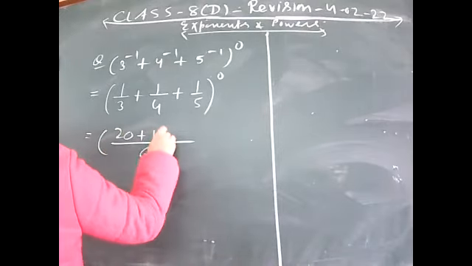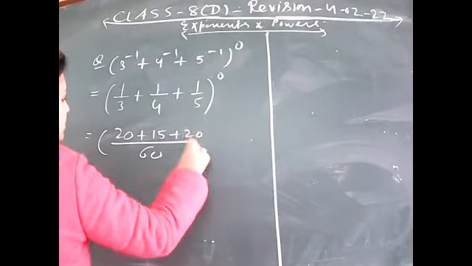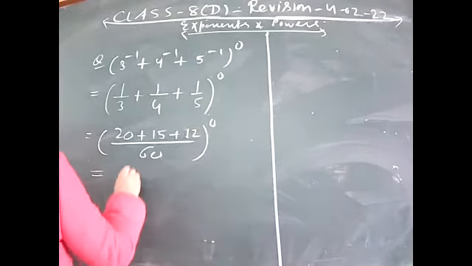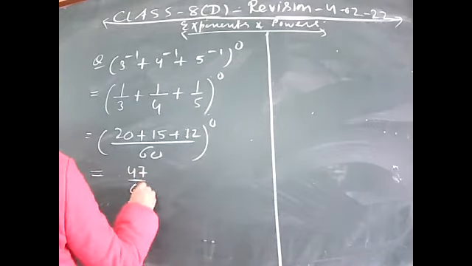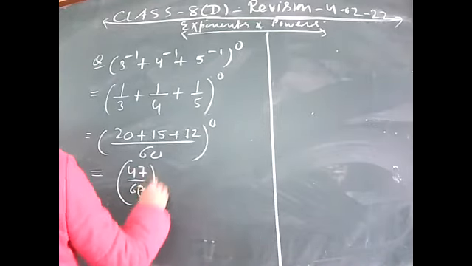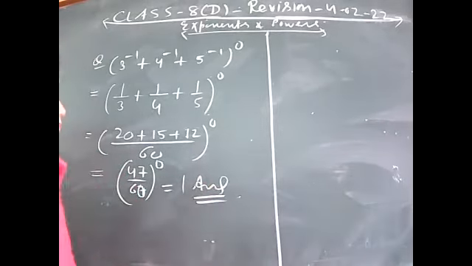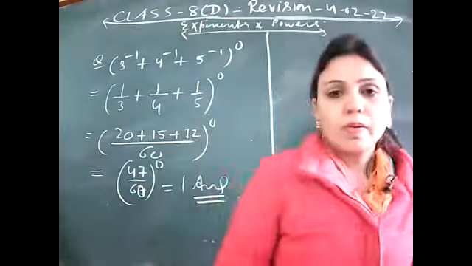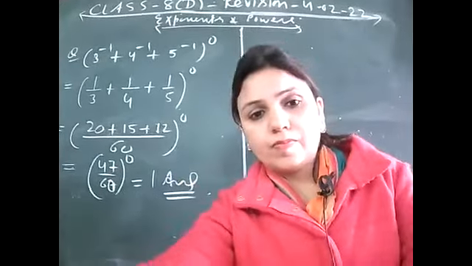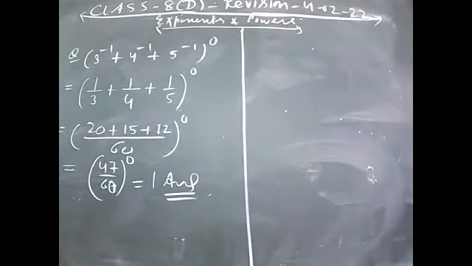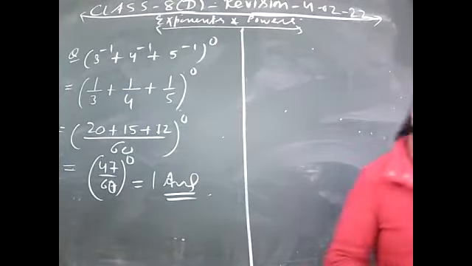This is 20 plus 15 plus 12, 47 upon 60. So anything raised to 0 is 1. So this is your answer, right? Next question.